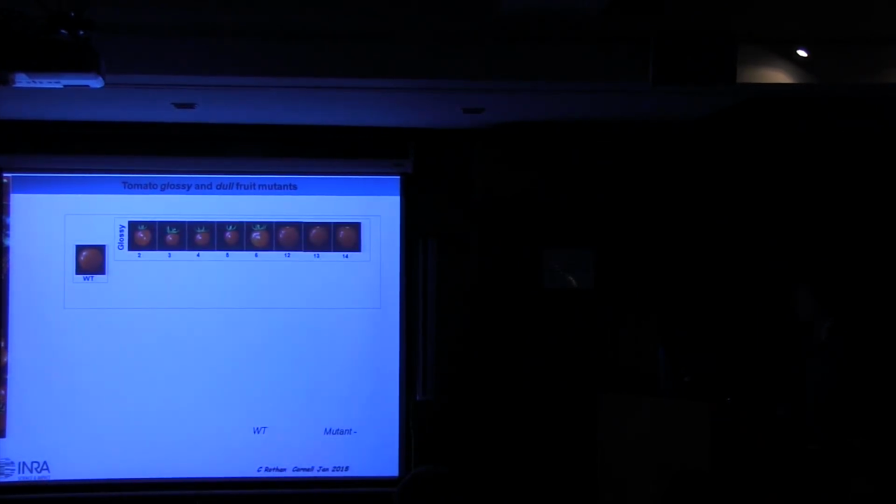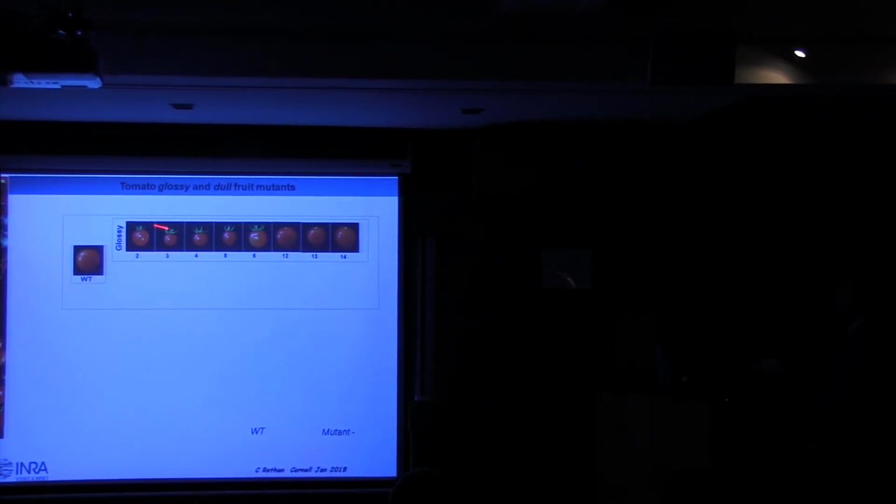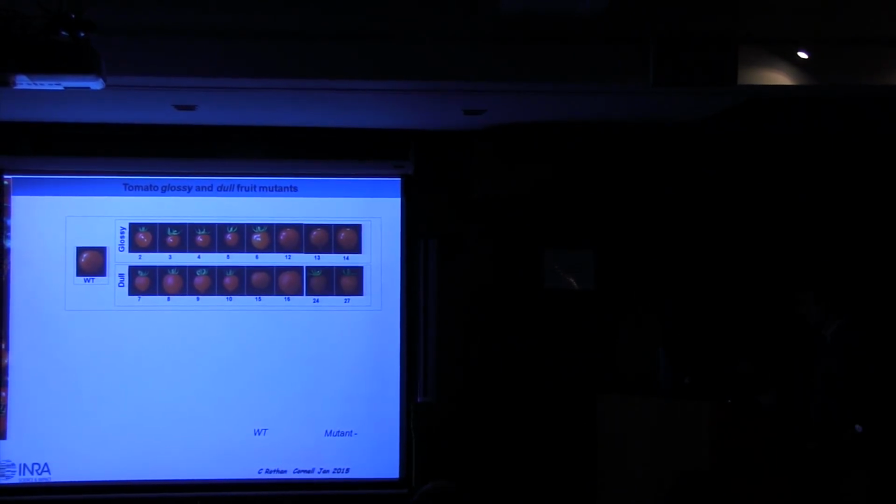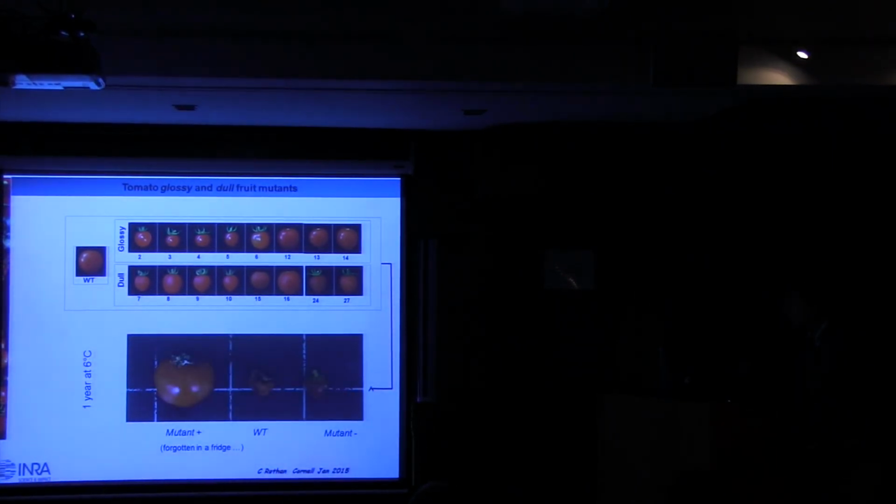What we have done, and this is the work of Johan, is to identify a series of glossy mutants and a series of dull mutants, we are not working on all of them, and analyzing these, we could have some ideas of the processes that control fruit shininess, glossiness.